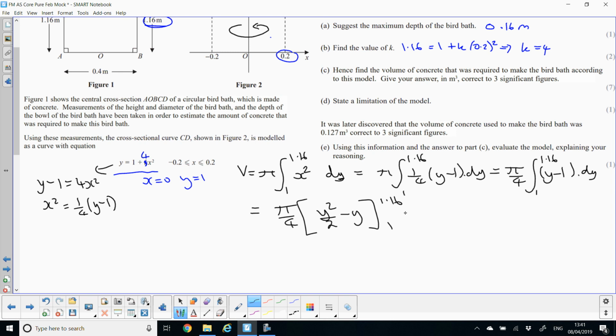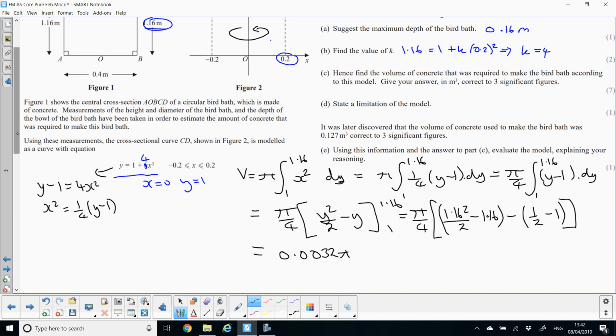And then we're going to show substituting in our limits. Okay, and then we can work all that out, and you should get that as your answer. You must show some working, don't just put this in your calculator.